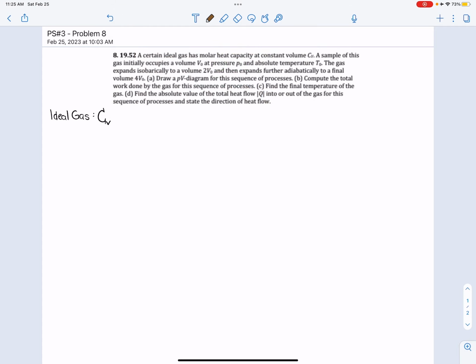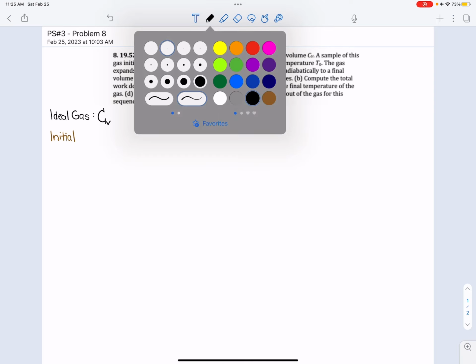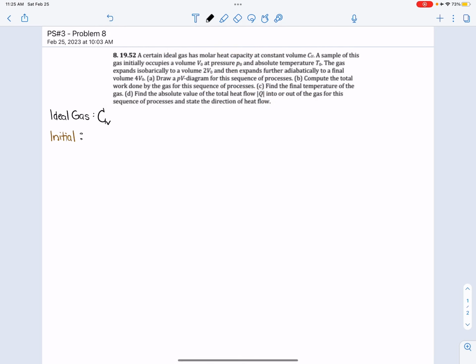A sample of this gas initially occupies a volume V0 at pressure P0 and absolute temperature T0. So in my initial state, I'll call my initial state state 1.